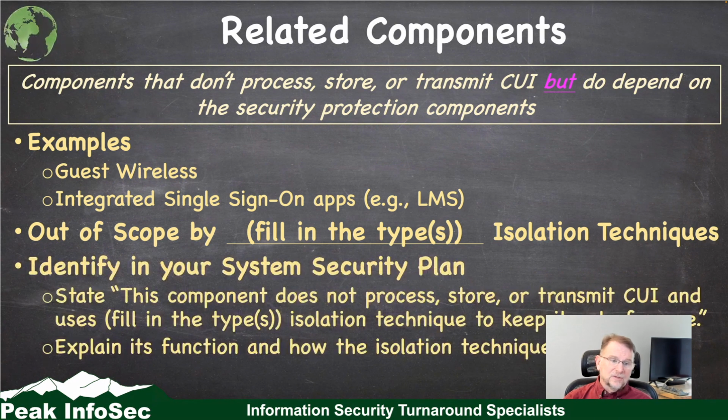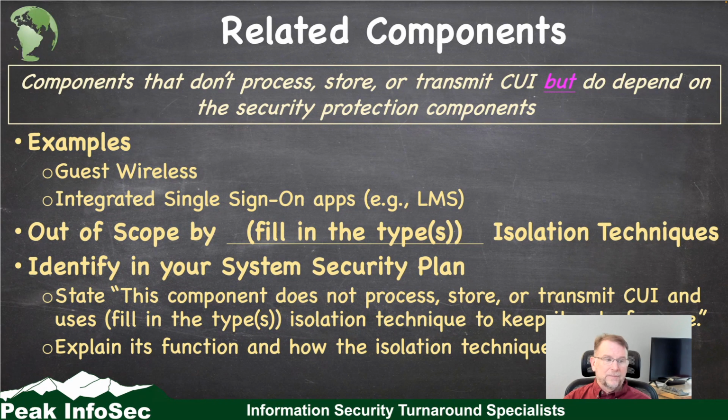You do need to explain this all in your system security plan because there is a connection, and these are considered external information systems, but you're descoping them. In this case, you need to explain the isolation techniques, and you need to explain its function and how the isolation technique functions to keep it out of scope.